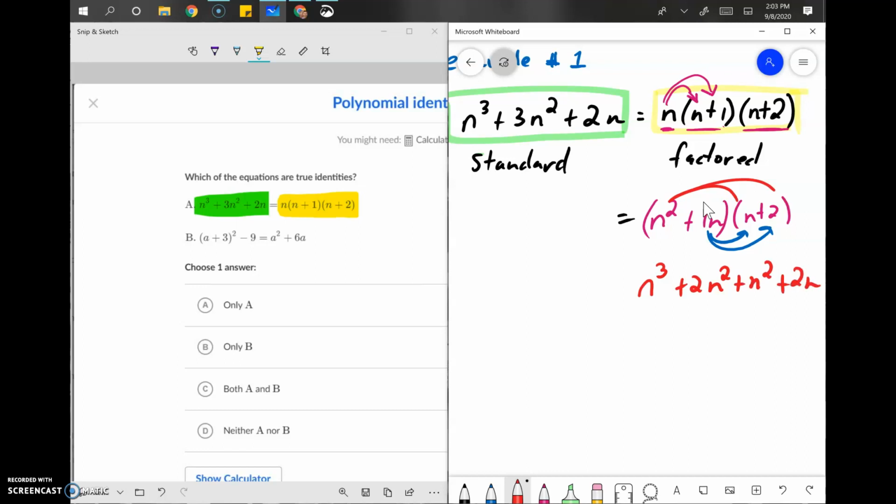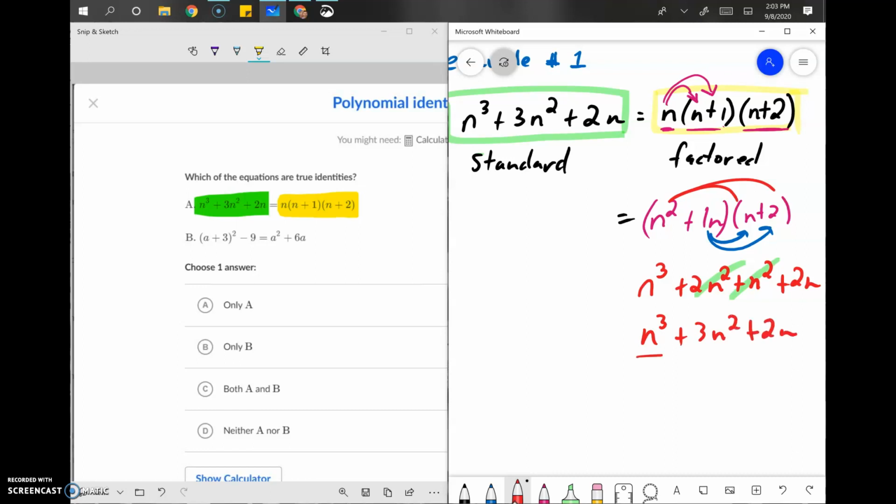Cool? Now I've got some like terms I can combine here. We've got some squareds, and those are both squareds, so we can combine those. Our highest exponent term is n to the third. That was first. 2 plus 1 is 3, n squared plus 2n.